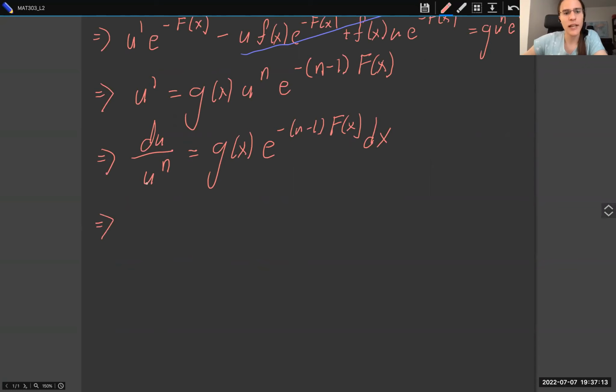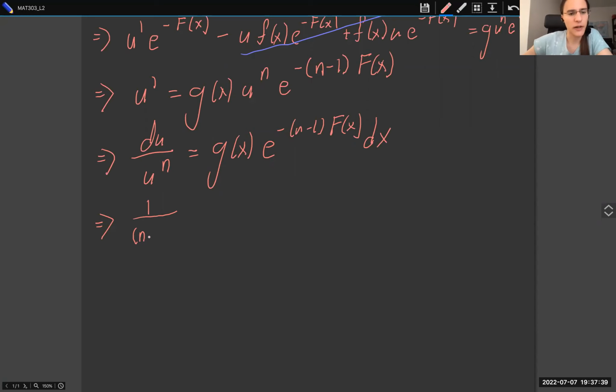So when we integrate u to the n, this is u to the power of negative n. It goes up by 1, so it becomes n minus 1. And then that factor appears. So it's n, well, it's going to be 1 minus n. Let's see.